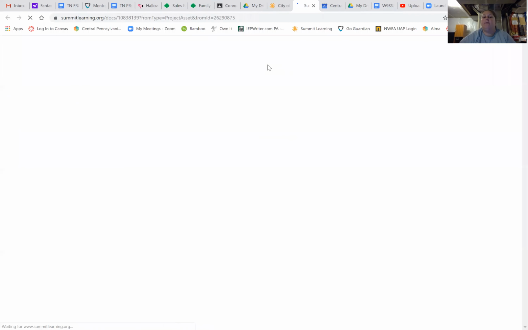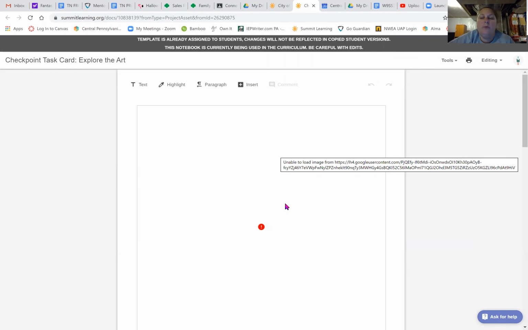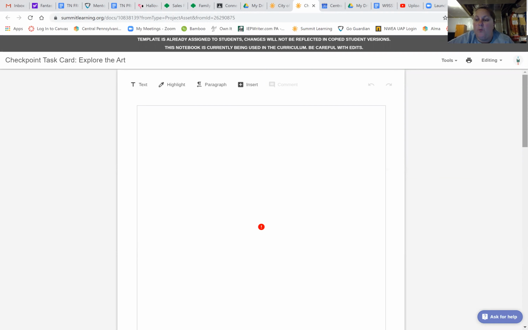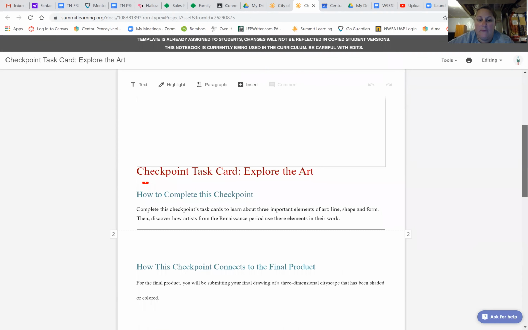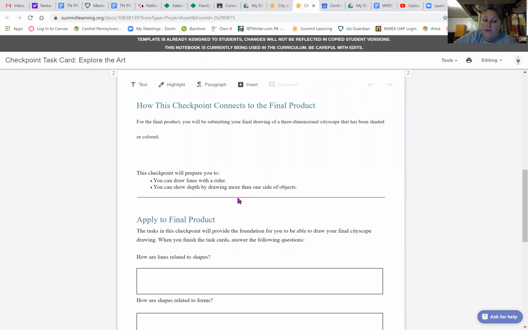Some of you have noticed when you pull your checkpoint up, these are here. We're not worrying about that right now. They're images that have not uploaded in Summit. So how to complete this checkpoint: this checkpoint will prepare you to draw lines with a ruler and show depth by drawing more than one side of objects.